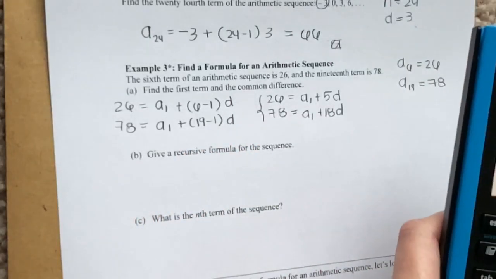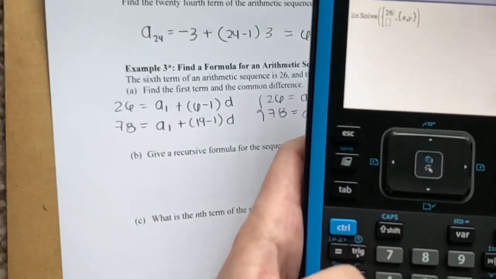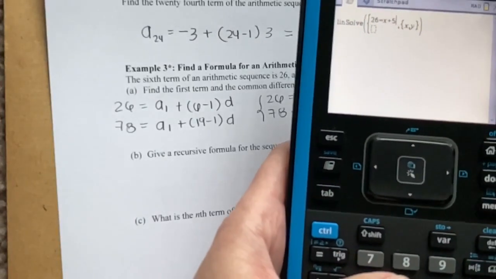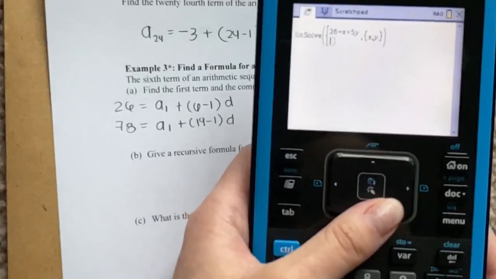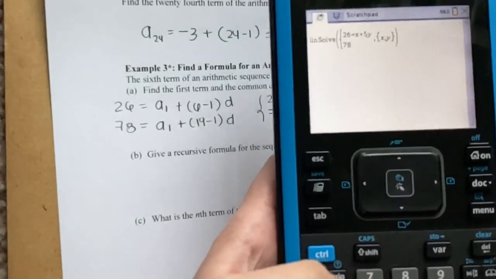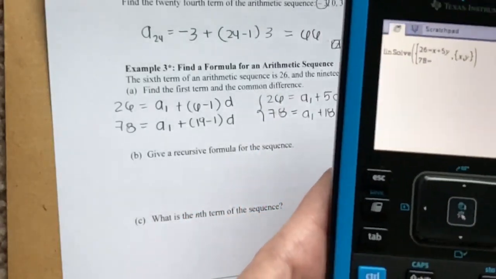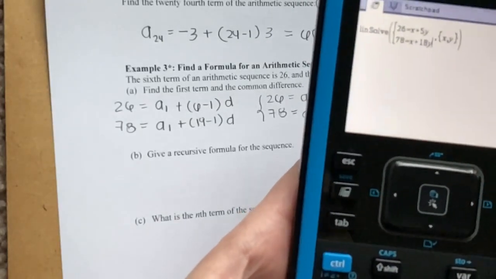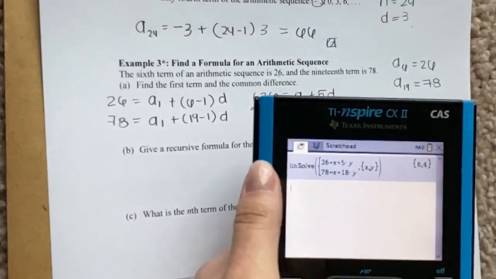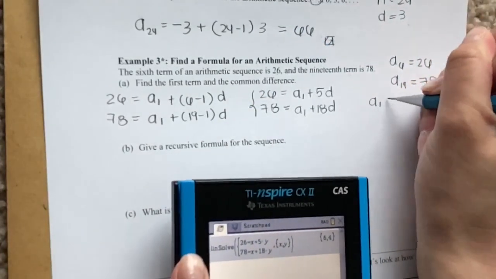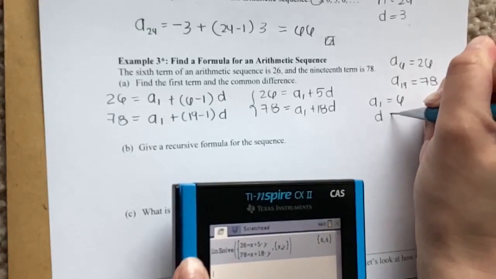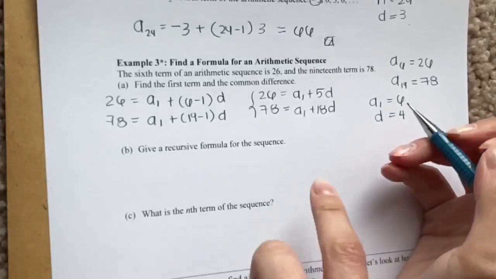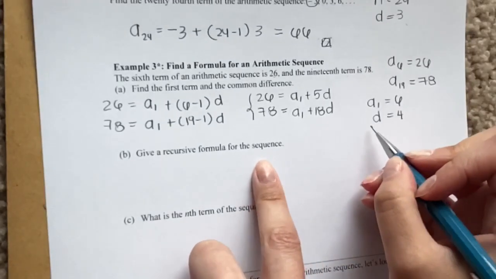So you have that 26 is equal to x plus 5y, and then 78 is equal to x plus 18y. And then you have your two values: A1 is going to be 6 and D is going to be 4. Find the first term and the common difference, check mark, done. Are we okay with that?